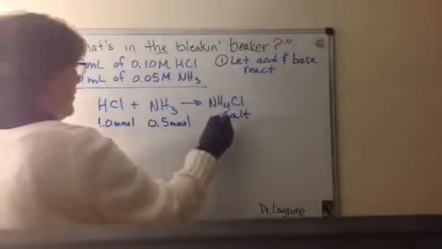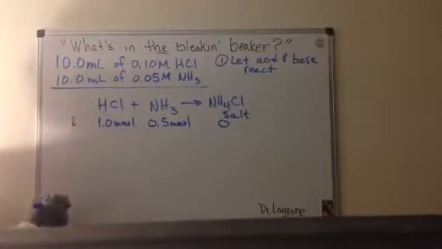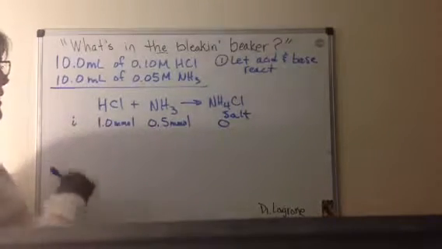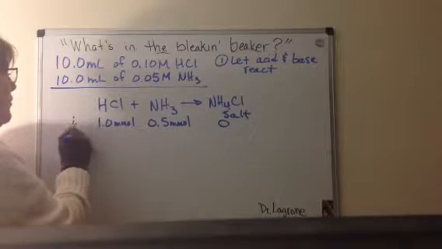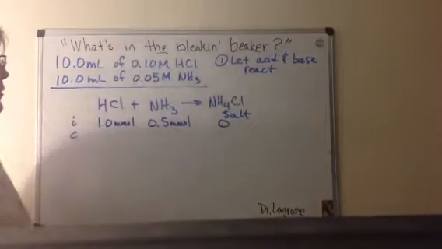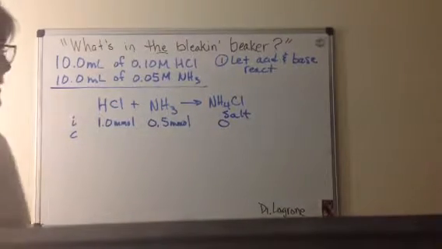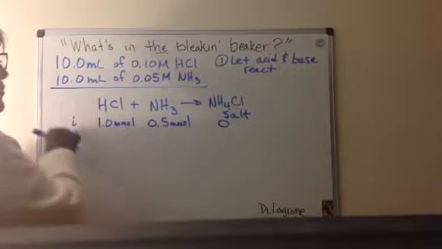And I don't have any of the salt initially. So this is not a RICE table in the same way an equilibrium table is. This is what I have at the start, then what's going to react or form. And I just call this an ICE table so my students don't get confused with RICE. But it's just a way for me to simplify the stoichiometry.